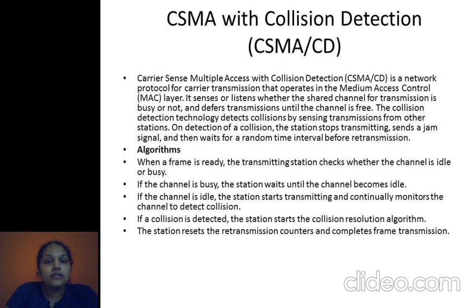The station resets the retransmission counter and completes the frame transmission. If a collision happens between channels, then the algorithm restarts or retransmits all the frames which were not sent to the receiver side.